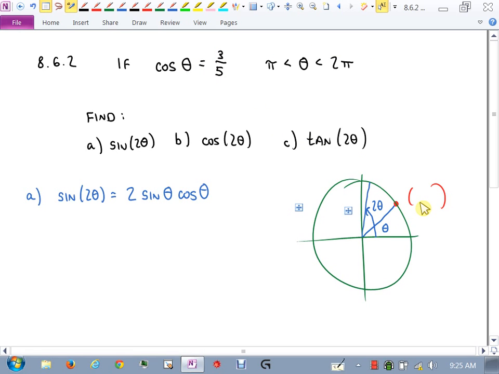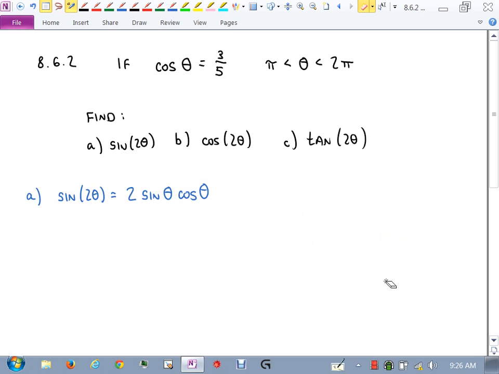Basically, I know something about the x-coordinate. From just knowing theta and the x-coordinate at that point, I want to know all the information about what's happening at this angle, at this point, which is twice the angle. That's what's going on geometrically.